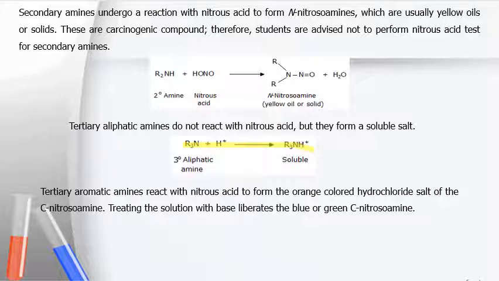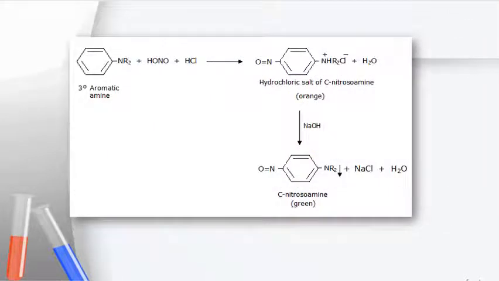With tertiary aromatic amines, it will react with nitrous acid to form an organic colored hydrochloride salt of the C-nitrosamine. Treating the solution with a base liberates the blue or green C-nitrosamine. So here is what happens when we react any tertiary aromatic amine with HNO2, nitrous acid, with HCl as an acid.